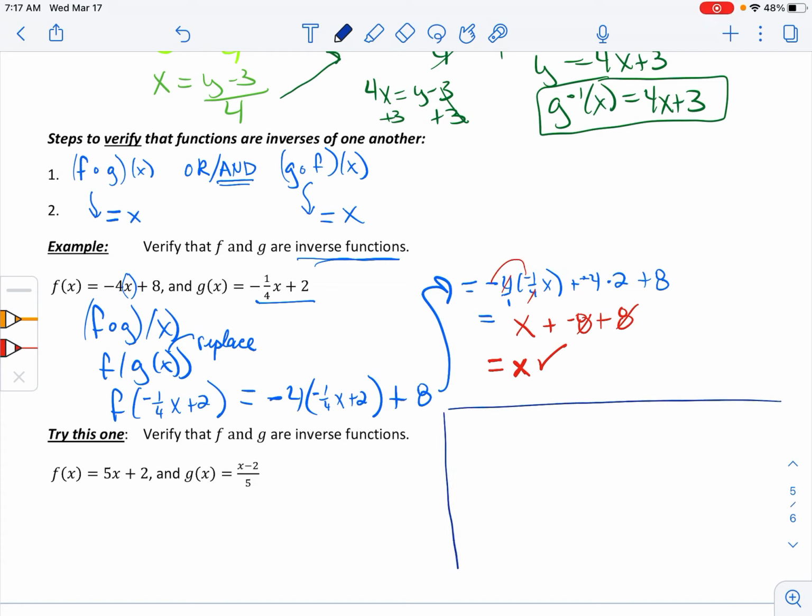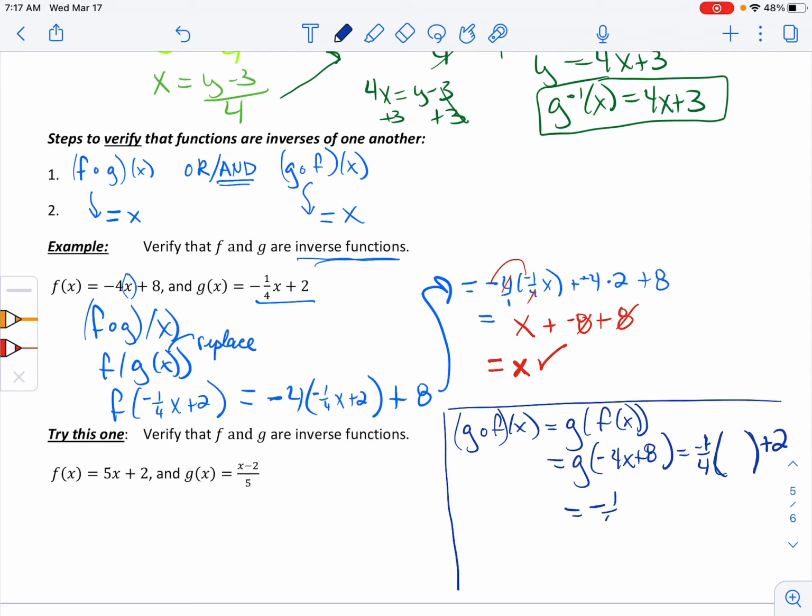Let's do g of f of x, because you really should do both. So this really means g of f of x. So now I'm going to replace f of x in here. So this is negative 4x plus 8. So this means everywhere in my g function that I normally had x, I'm going to plug all that in.